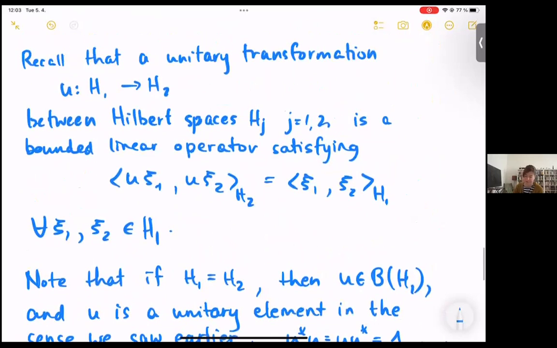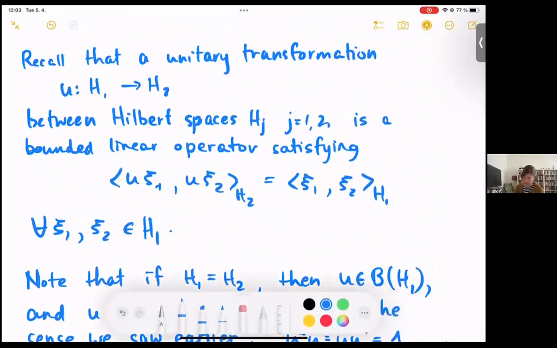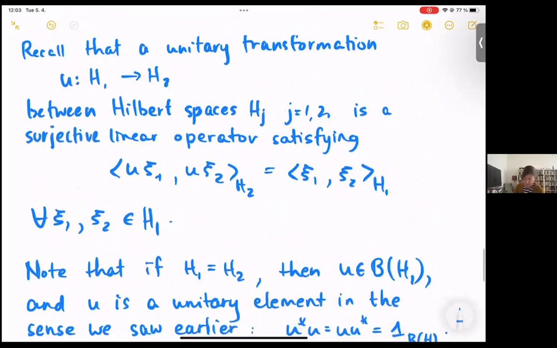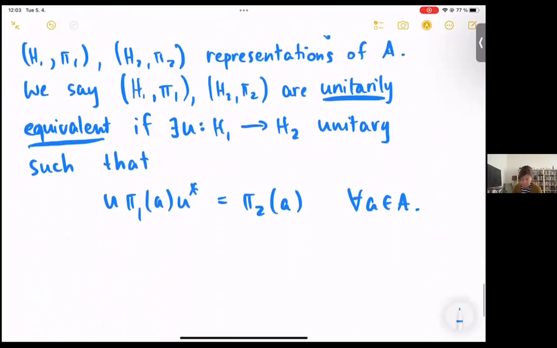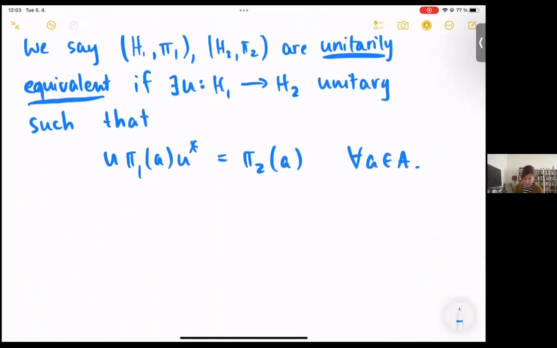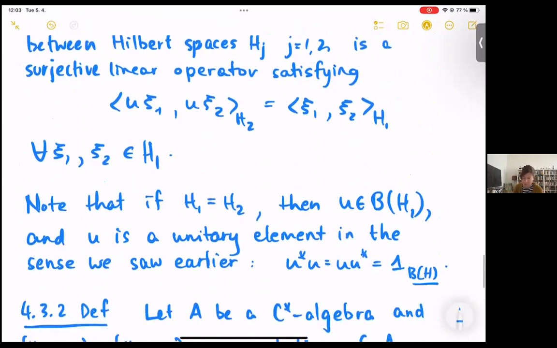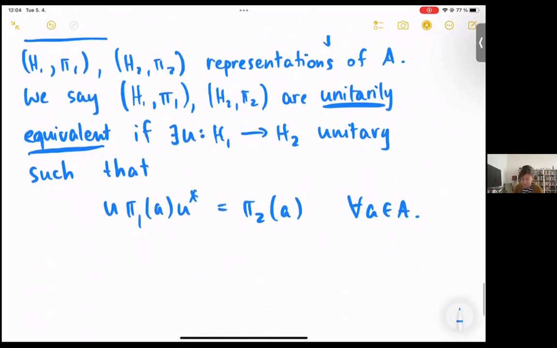Yeah, sure. It should be bounded or invertible linear operators, say. You could also say that.